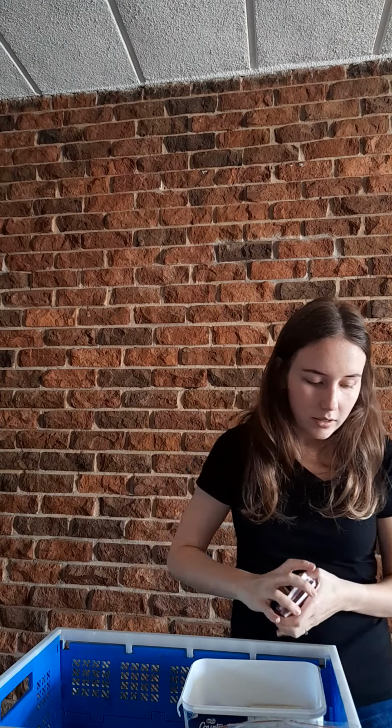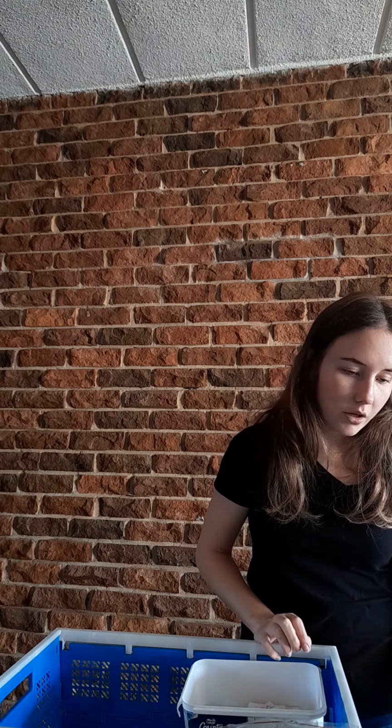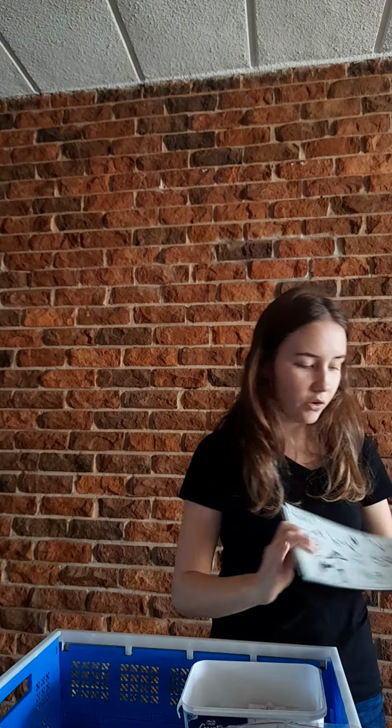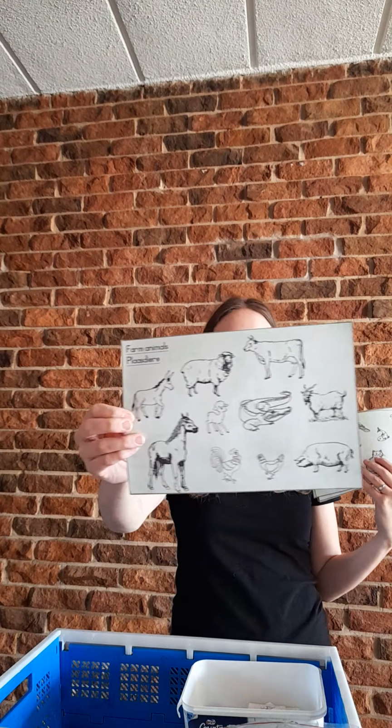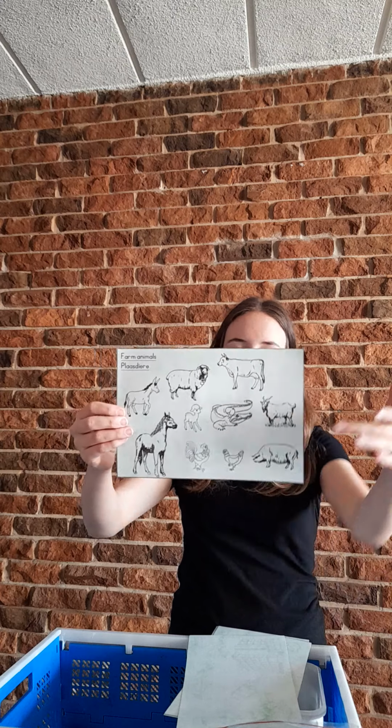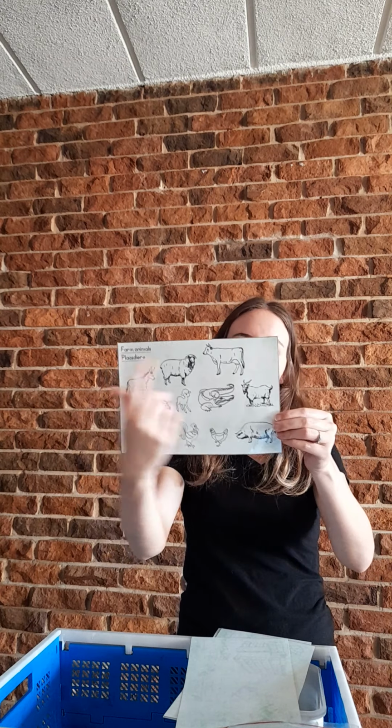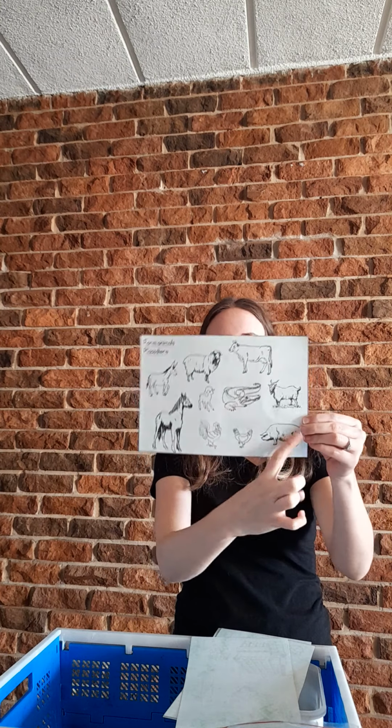A butterfly would go with the insects, so the learners would have to categorize those. Then we also have pictures of categories. So these are these. So these are the farm animals, and the learner has to distinguish which one does not fit in the mix. So obviously the crocodile does not fit in the mix here.